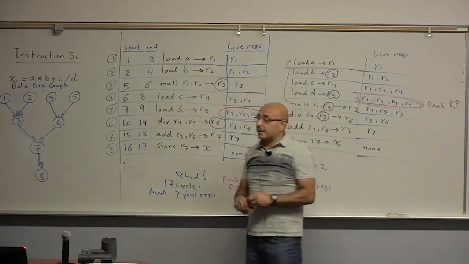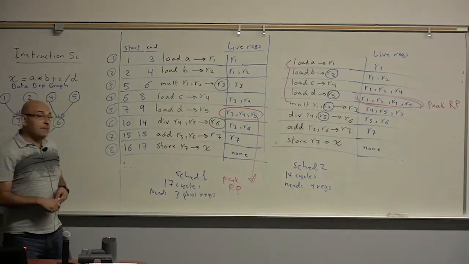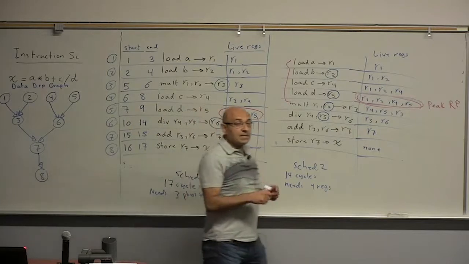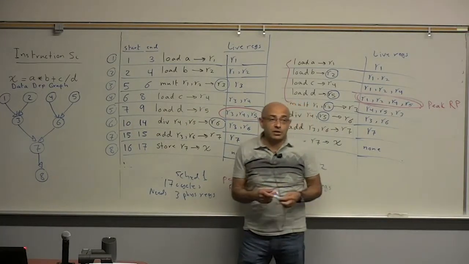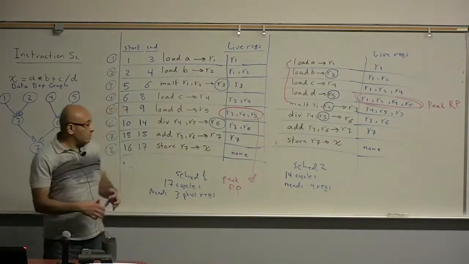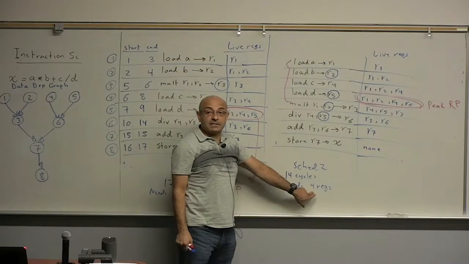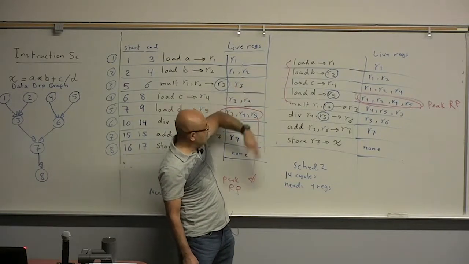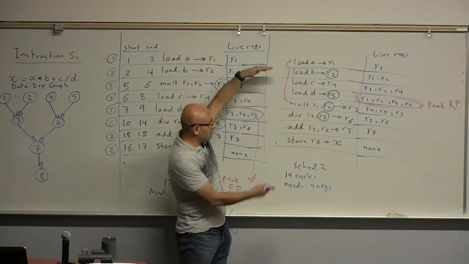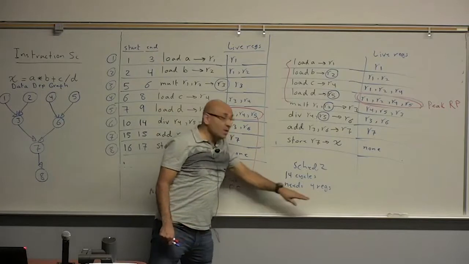Yes, exactly. It depends on the target processor, on how many physical registers you have on the processor that you are generating code for. In this case, for example, if you have 4 physical registers available, then you can go ahead and do more instruction level parallelism and minimize the number of cycles, and that will work out well.